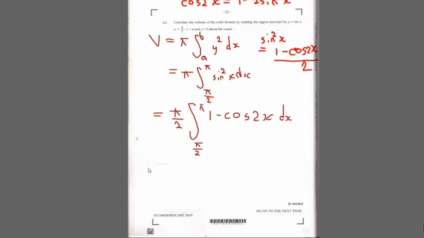So proceeding, we're going to get pi by 2 times, when we integrate this, when you integrate 1, you get x, minus, when you integrate cos of 2x, you get sine, so it becomes sine 2x divided by 2. Yes, when you differentiate sine, you get cos, so we're fine.